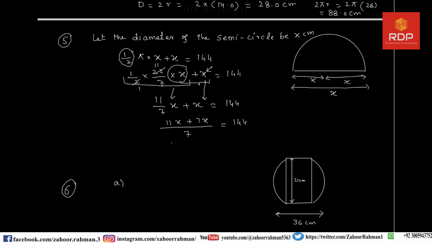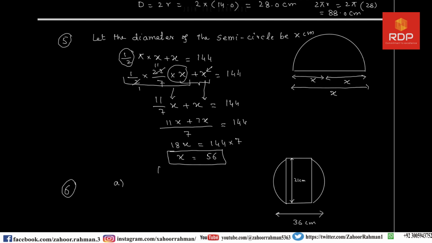So now this will be 18x is equal to 144 multiplied by 7. So when we calculate x here, after necessary calculation, we find the value of x, and that is 56.